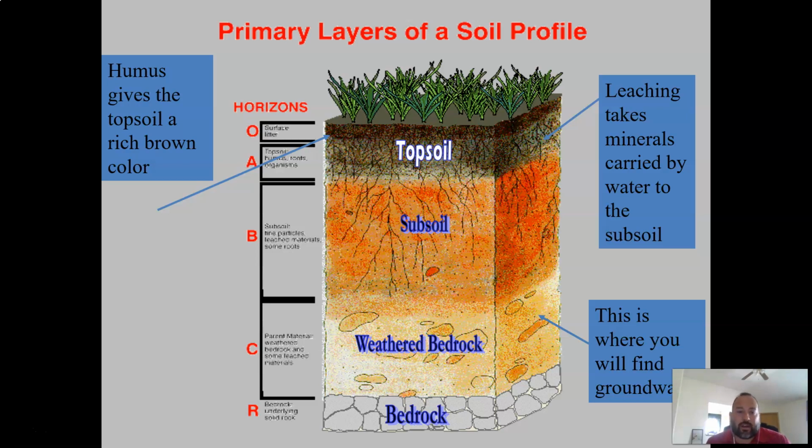Underneath the O layer, you have the A layer, and that's going to be our layer of topsoil. Now, people get confused by this all the time. It's called topsoil because it is the top layer of soil when working your way up from the bedrock. But the O layer, that's organic matter. It's mostly that humus that I was talking about.